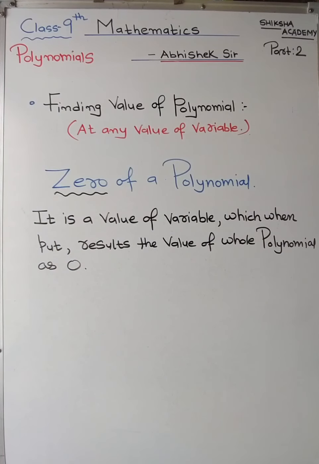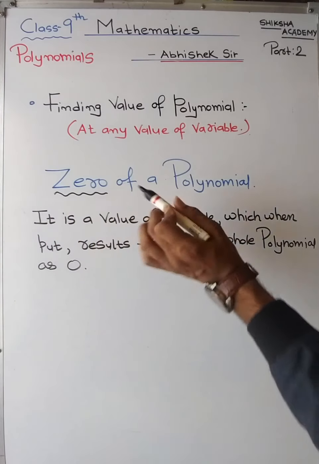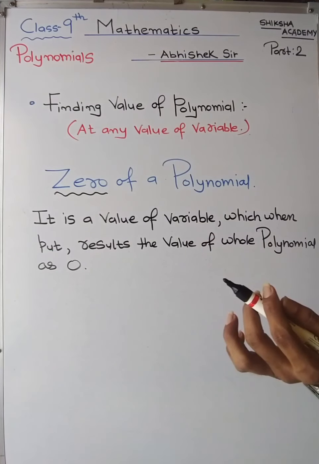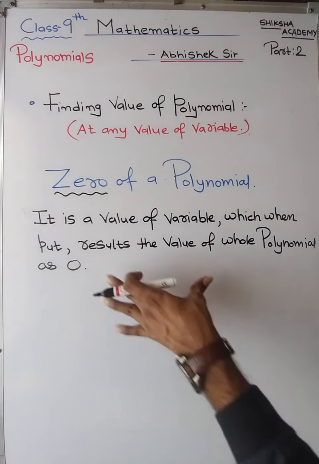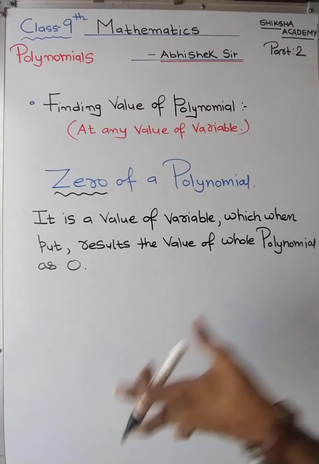You will have to remember this concept as in word only, zero, zero of a polynomial. Okay, now what do you mean by zero of a polynomial? I have made my own definition and then we'll write the textbook definition as well, seeing an example.